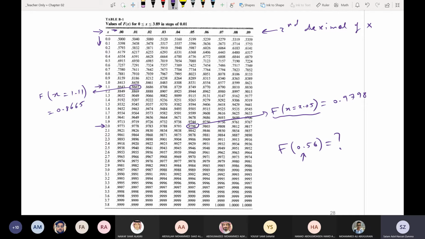Go to the table and find the corresponding value. Done, guys? What is the value? We go to 0.5, excellent, and then go to 0.06, the second decimal: 0.7123. Thank you. So this is the way I read the table.